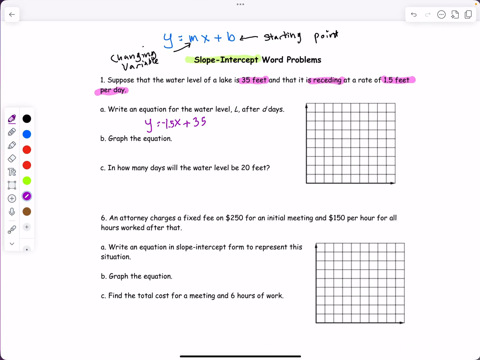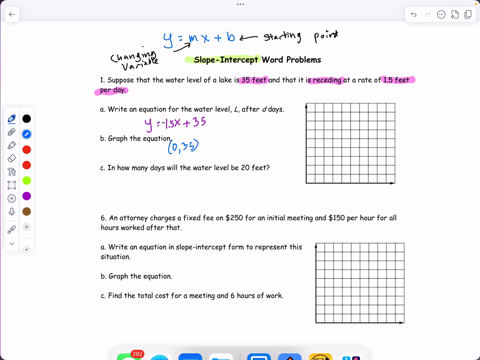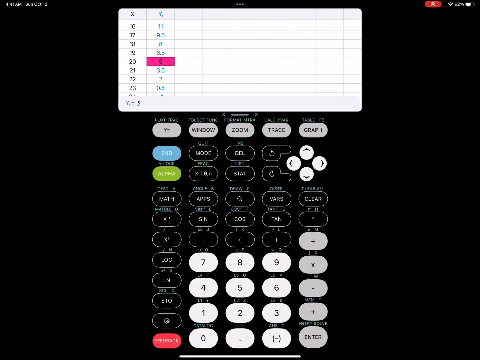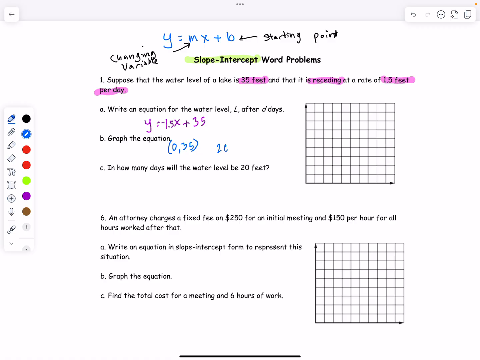I'm going to write down those 2 points. Remember, this is our x and that's our y. This is our x-axis, this is our y-axis.